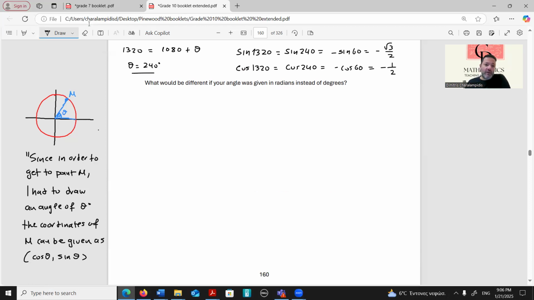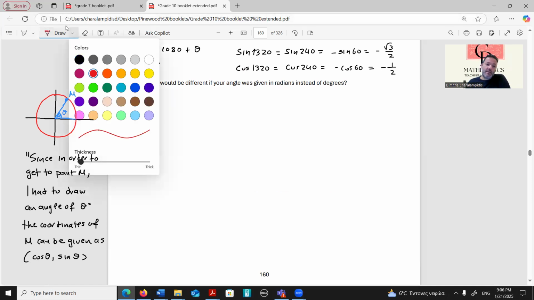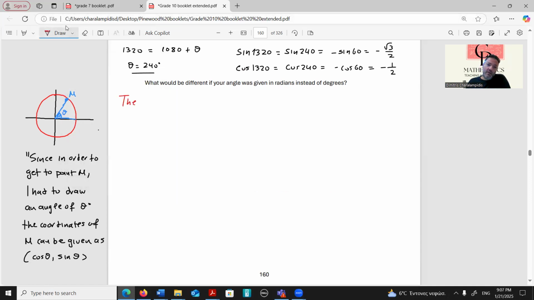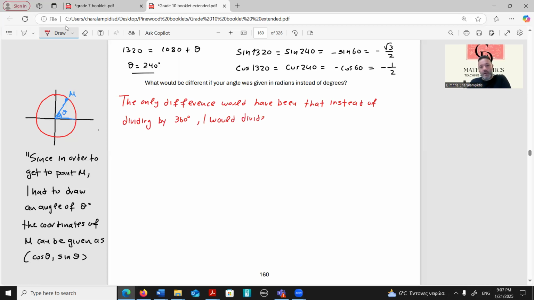The only difference would have been that instead of dividing by 360 degrees, I would divide by 2 pi.